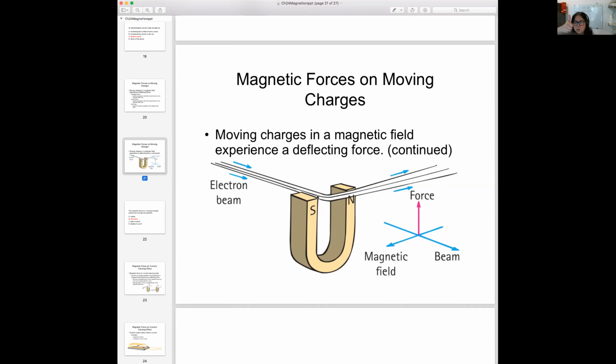So this electron beam will feel the force upward. After it passes through this U-shaped magnet, it's going to start going upward without changing its speed.